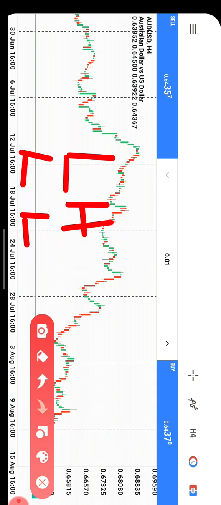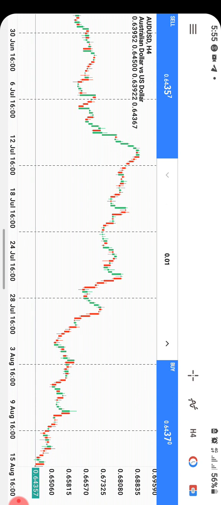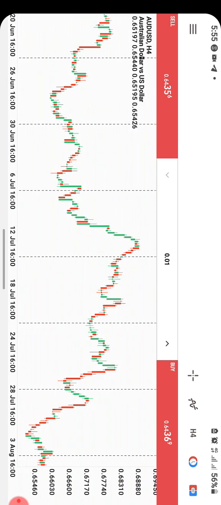How can I tell if the market is doing higher high and higher low, or lower high and lower low, or sideways? For the sideways trend, the market is not doing higher high, higher low, nor lower high, lower low. So I'm going to show you an example of what I mean.